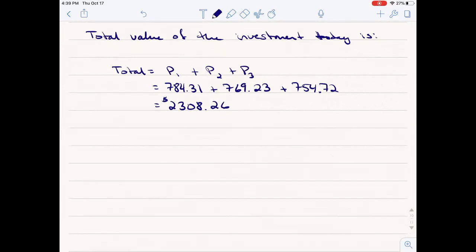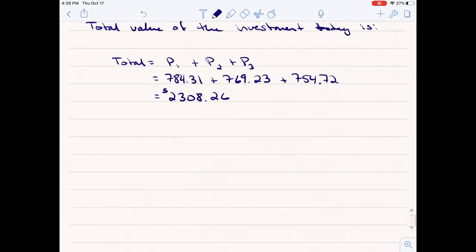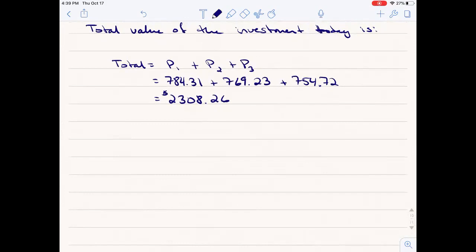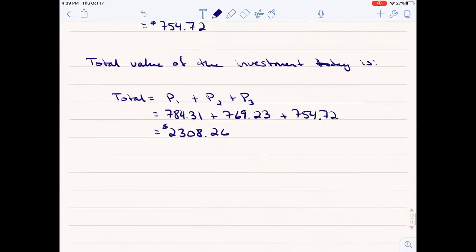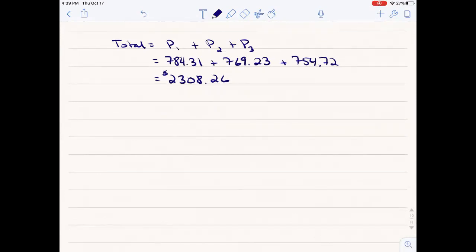Just a quick note. What we're doing here, when we're backtracking and calculating the principal amount, is discounting.